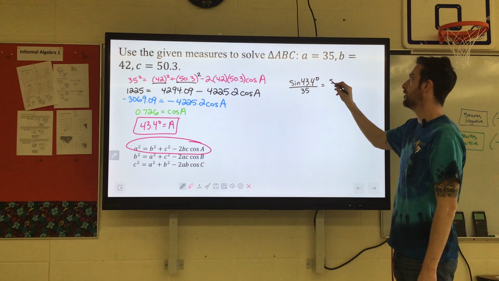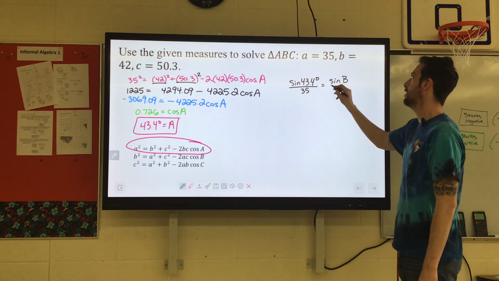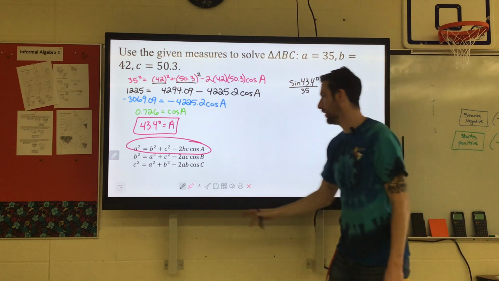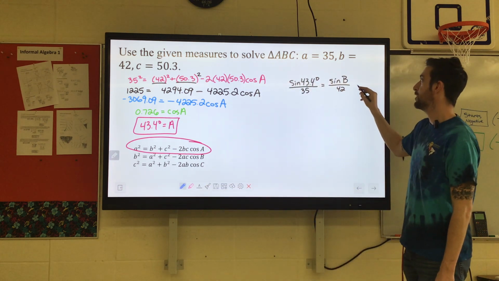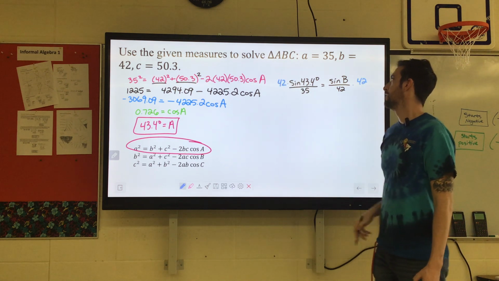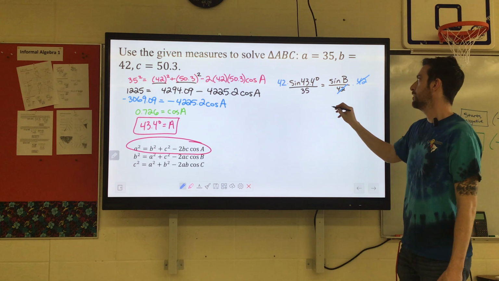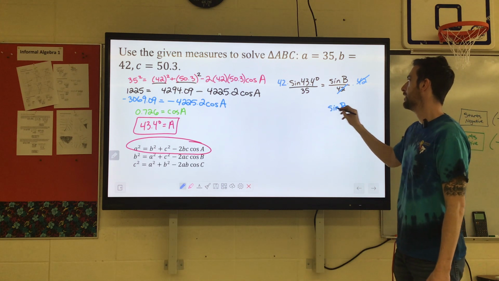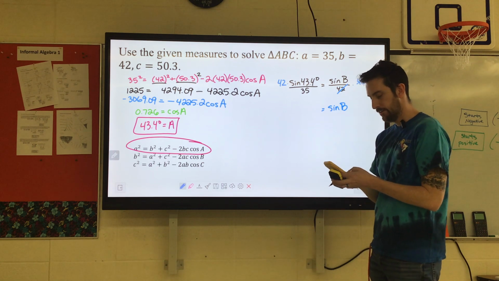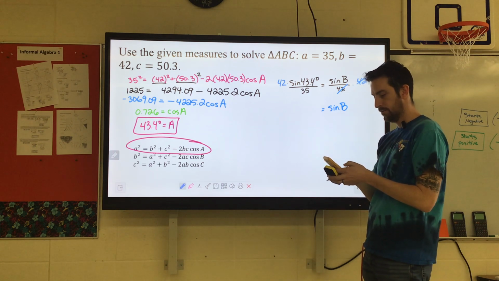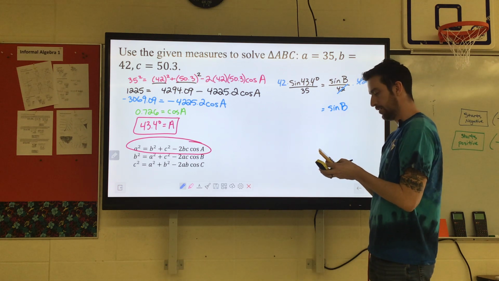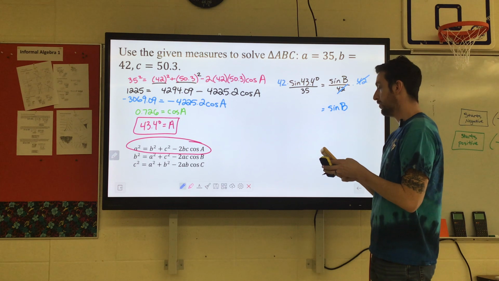So we don't know what angle B is. Sine of B over side B is 42. If we're trying to isolate that sine B, we could just multiply by 42. Sine B equals 42 times this, and then divide by 35. 42 sine 43.4 divided by 35.